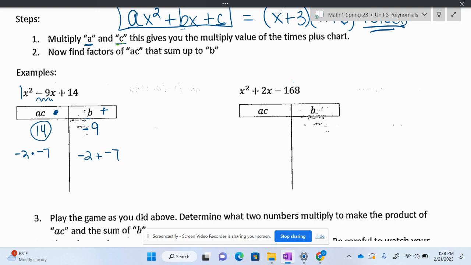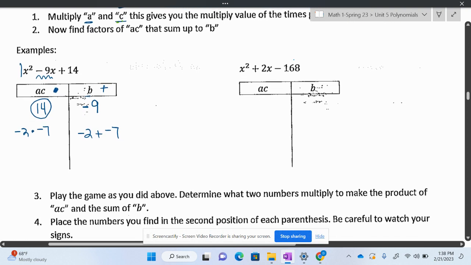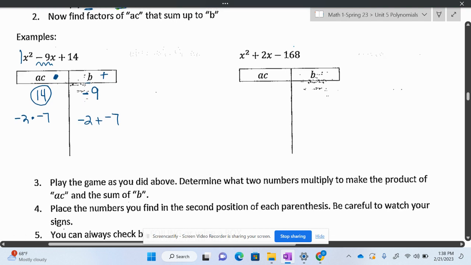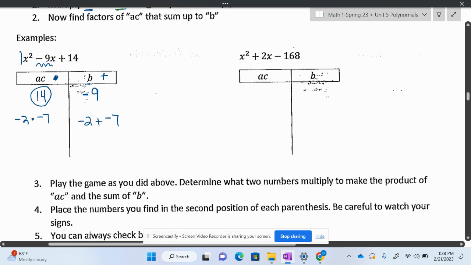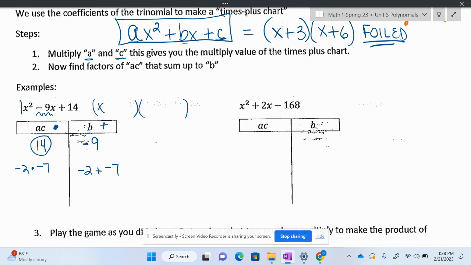Okay. So let me tell you what that means. It says play the game like you did above. So we've filled out our times plus chart, and I'm moving down to step number 3. It says play the game like you did above to make your product and sum, and then place the numbers that you find in the second position of the parenthesis. So remember, these are binomials. X squared came from taking x times x.